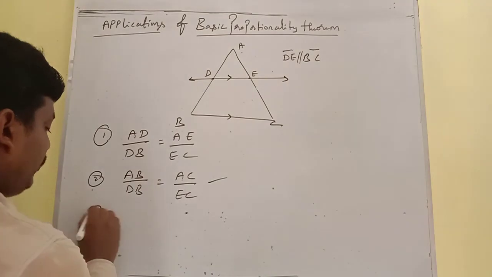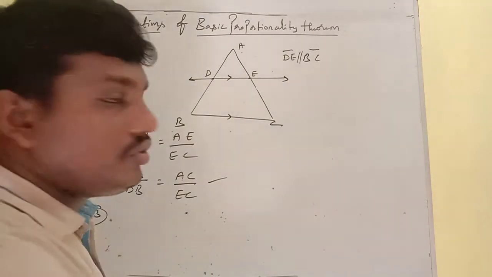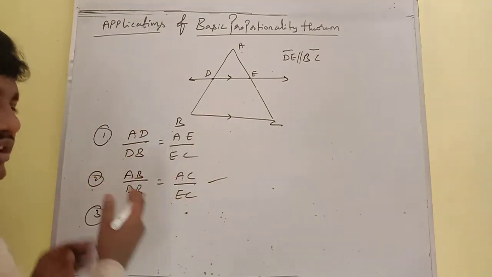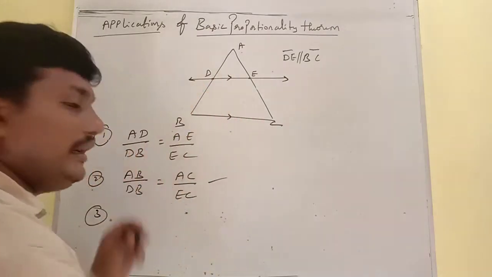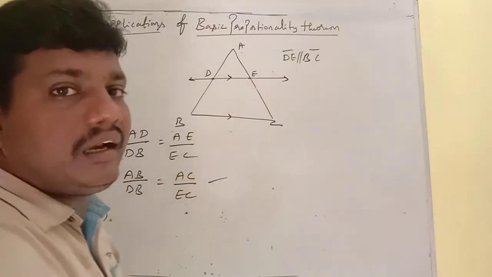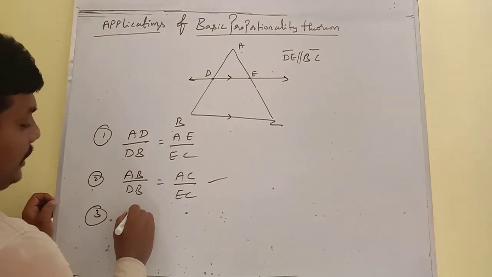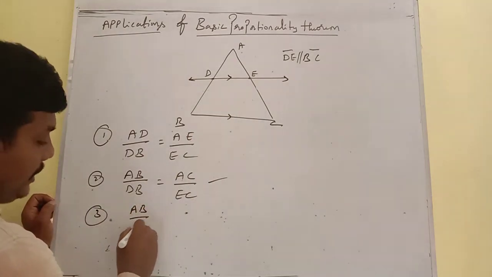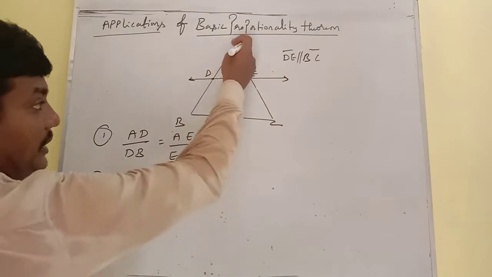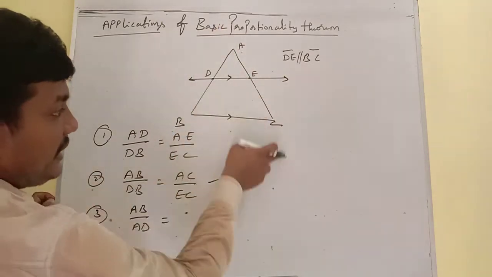Then, in another way, how to represent the same ratio? Same ratio means whatever the portion on the left side, that same portion on the right side also. Let me consider AB by AD is equal to AC by AE.